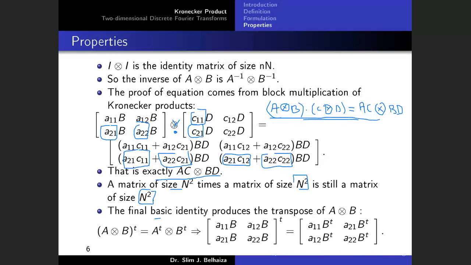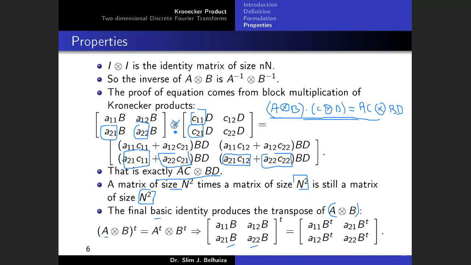And the final basic identity gives the transpose of A⊗B using the Kronecker product. If you take the transpose of the Kronecker product A⊗B, it is A transpose ⊗ B transpose. You can see that A⊗B is A11B, A12B, A21B, A22B.